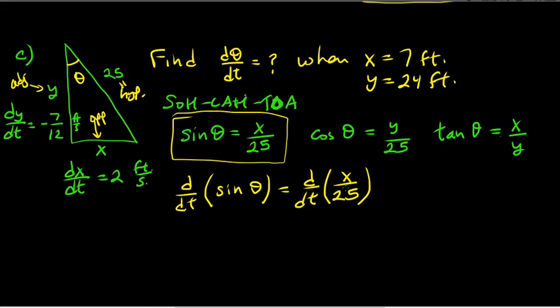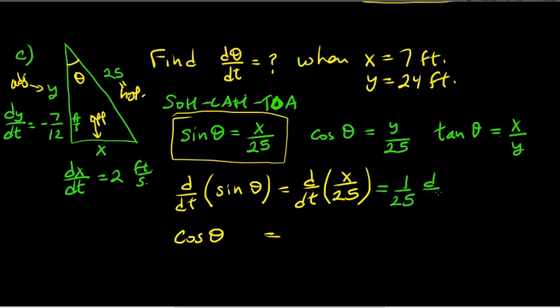But again, I prefer sine. So the derivative of sine we know is cosine. And the derivative of x over 25, well, you need the quotient rule? No, you don't need the quotient rule. 25 is a constant, so 1 over 25 comes outside.